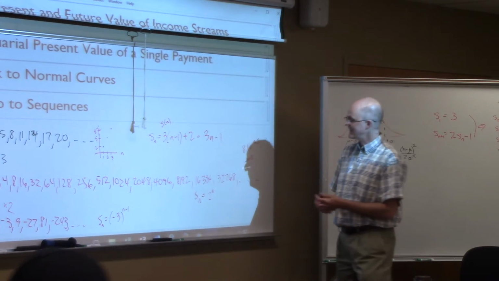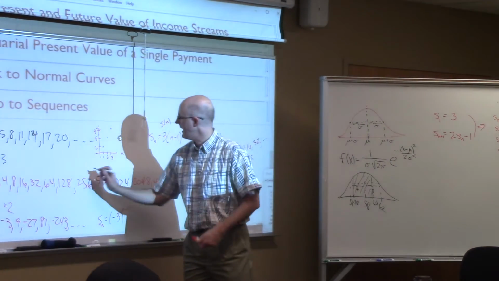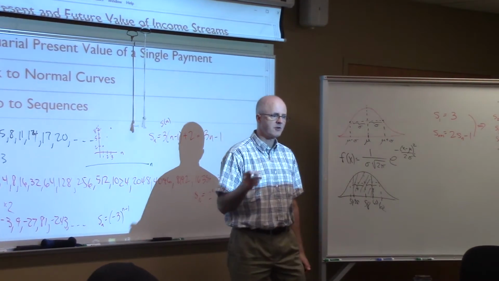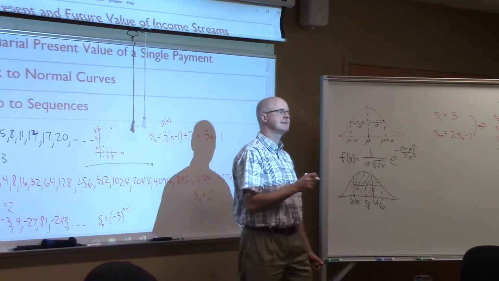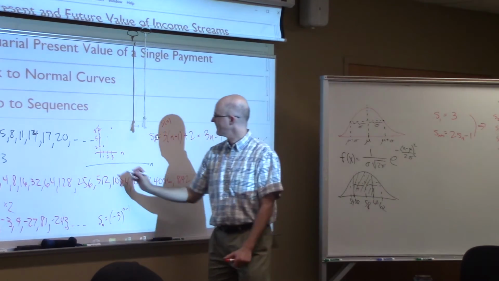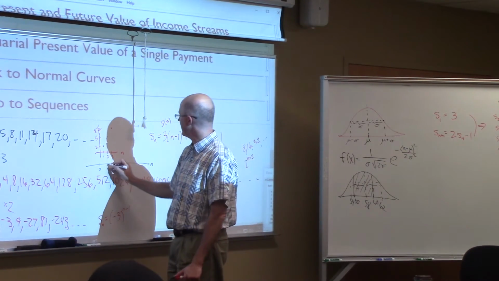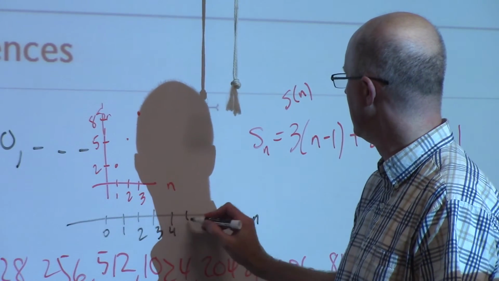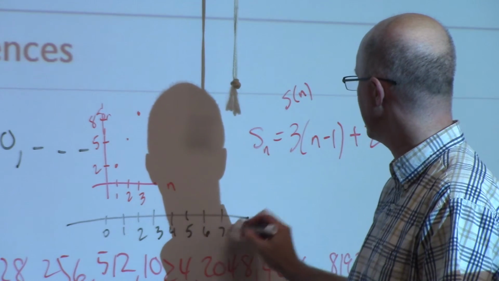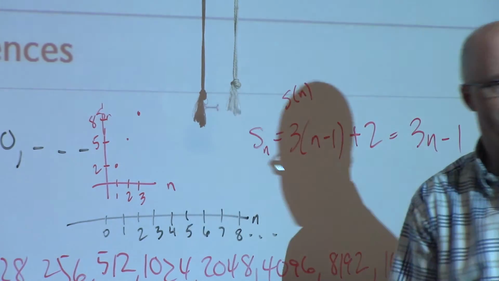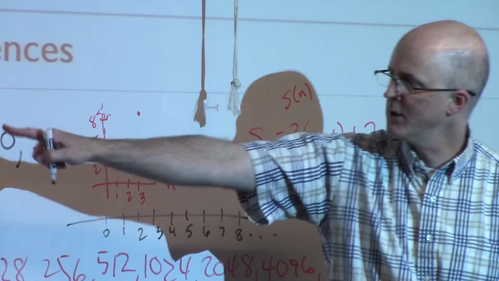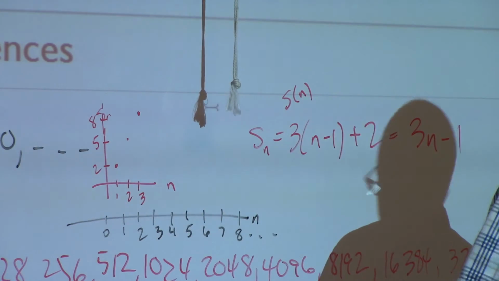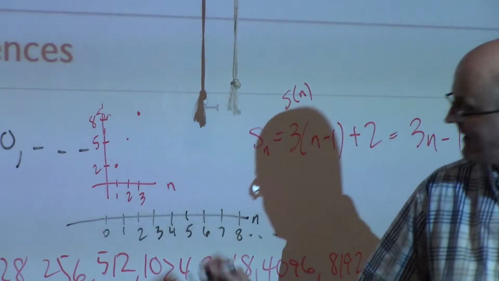Another way of visualizing a sequence is just on a number line to imagine the points sort of popping into existence in succession. Say 0 is right here. Let's go ahead and make a scale. 0, 1, 2, 3, 4, 5, 6, 7, 8, etc. The numbers 2, 5, 8, 11, etc. You just imagine a movie in your mind, and we could actually animate it with Mathematica.